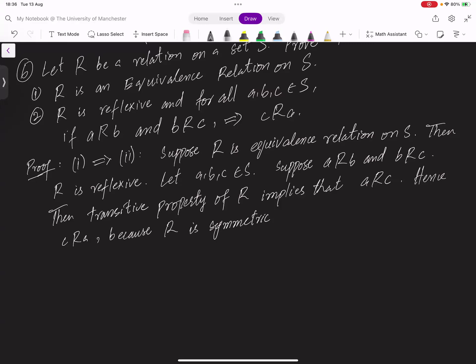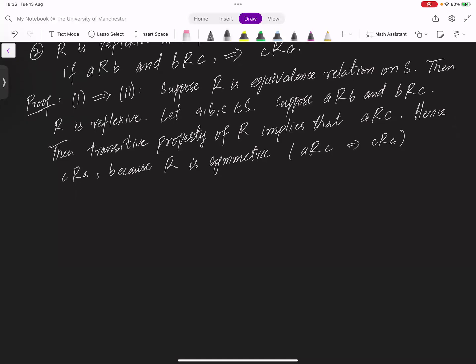So this is true for every element. Why is this true? Because if a is R related to c, then c is R related to a because R is symmetric. So that's why this is true, and this shows that one implies two. This shows that number two is true.